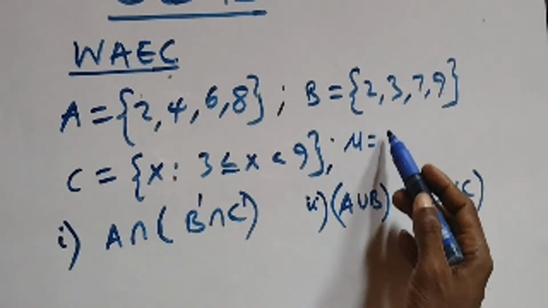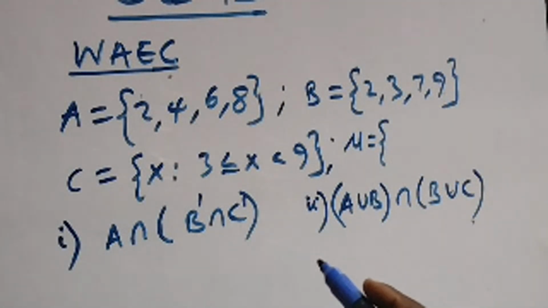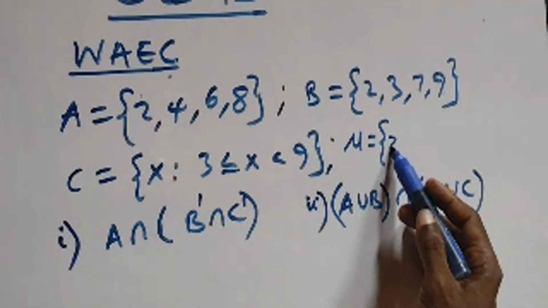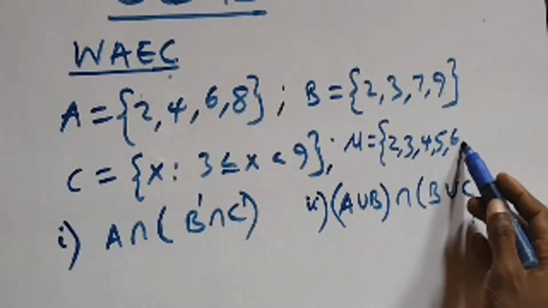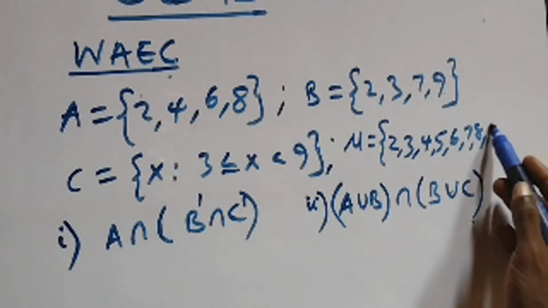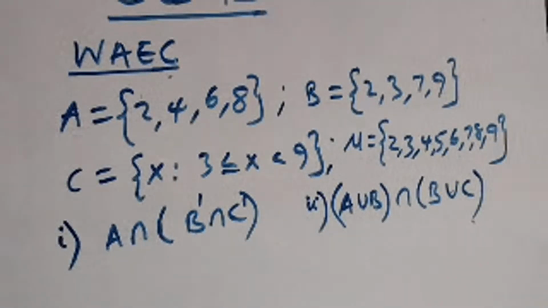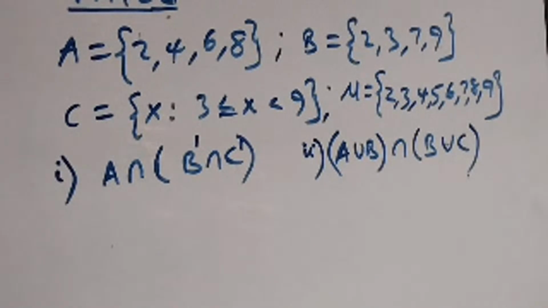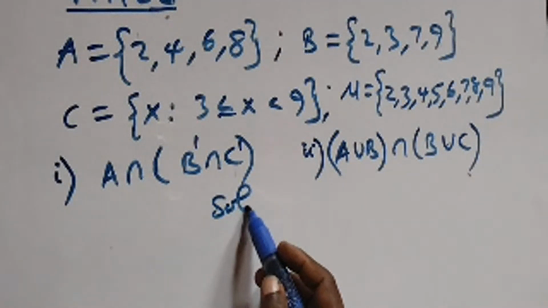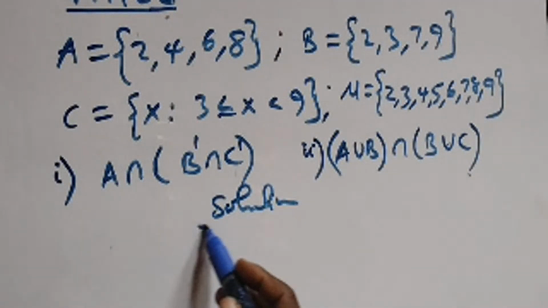The universe set is given from 2 to 9. So 2, 3, 4, 5, 6, 7, 8, then 9. That's the universe set we have. Okay, let's look at the solution here. We consider the sets and the universe set.